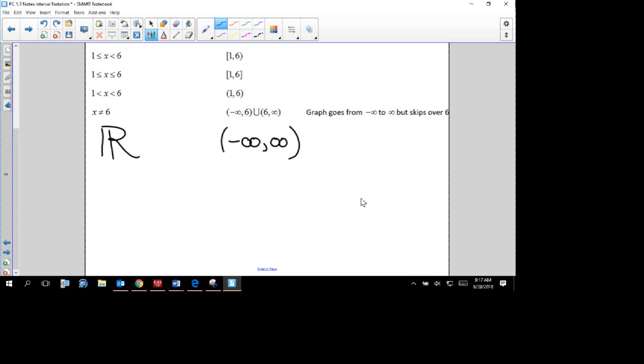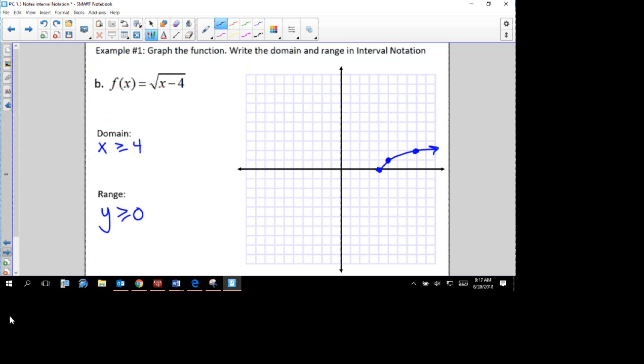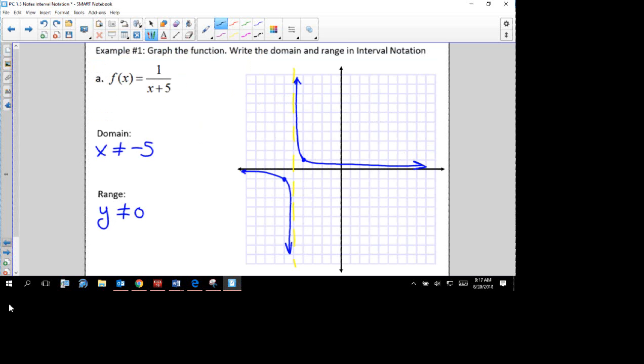So we're just going to practice interval notation on top of graphs today. If that's brand new to you, you'll get it. It's pretty easy. So for A, you had to graph, and you made a table. The table of values should be centered around x being negative 5, because x at negative 5 is the asymptote.